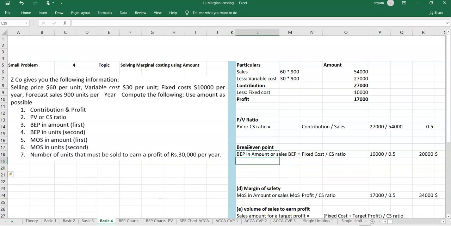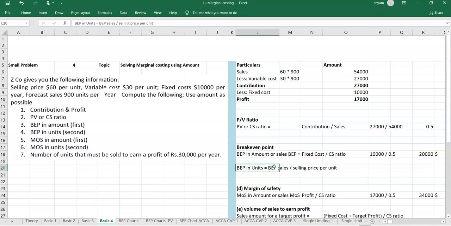What we want is BEP in units, so that we will work out. For BEP in units, you can use fixed cost divided by contribution per unit. Or, if you have already found out the BEP sales amount, you can just divide that sales amount by the selling price per unit.